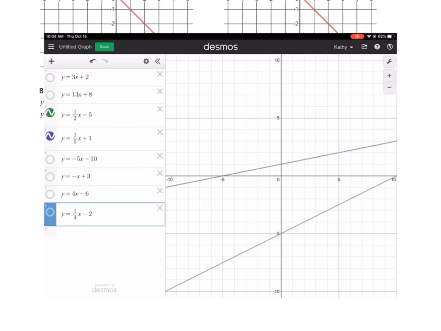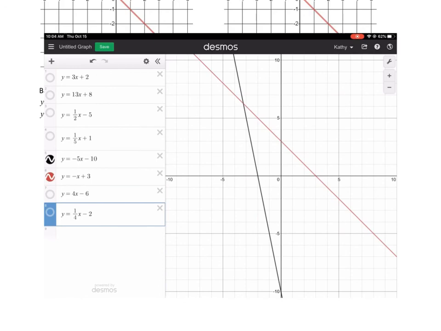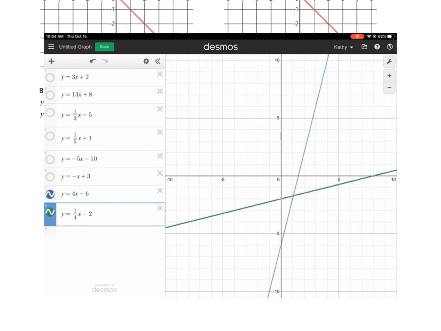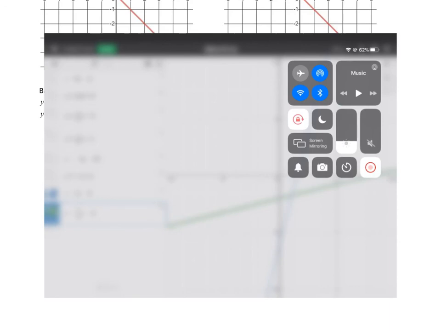Between 1/2 x and 1/5 x, 1/2 x looks steeper. We told this just by the slopes. Comparing -5x minus 10 and -x minus 3, you'd agree that -5x is a steeper line. And the last ones, we got 4x and 1/4 x. Obviously, 4x is steeper. Steeper and less steep lines. It's a very visual concept.